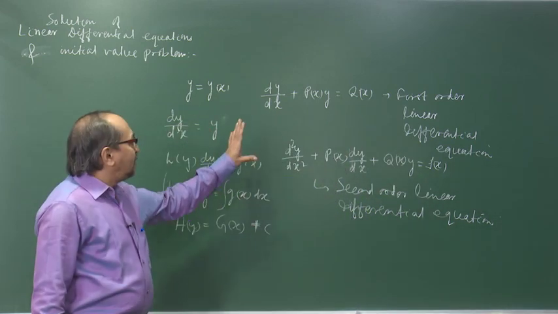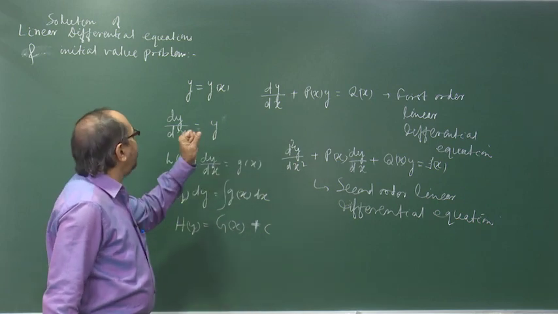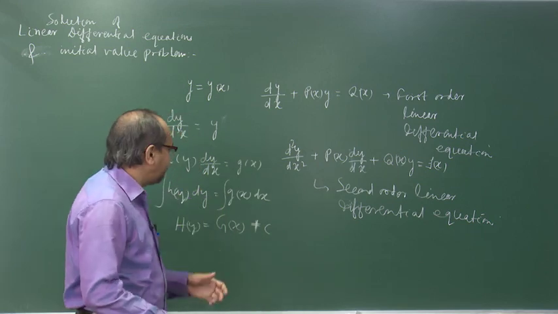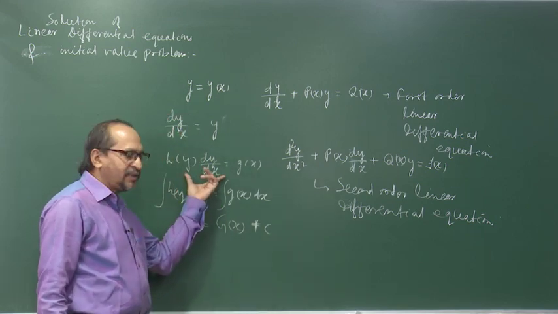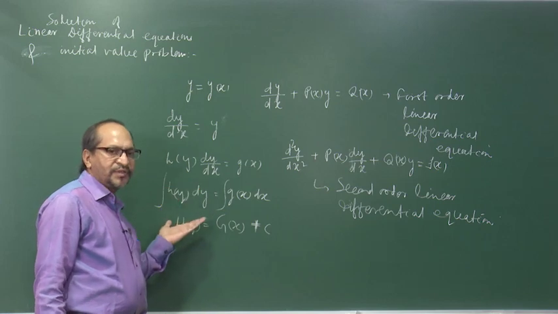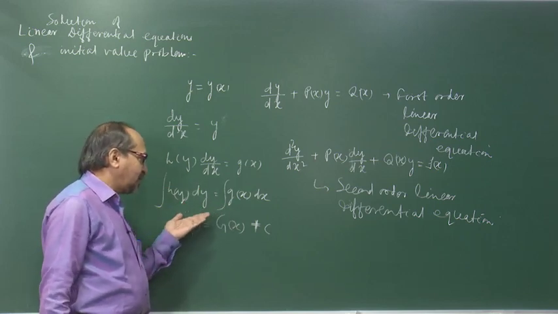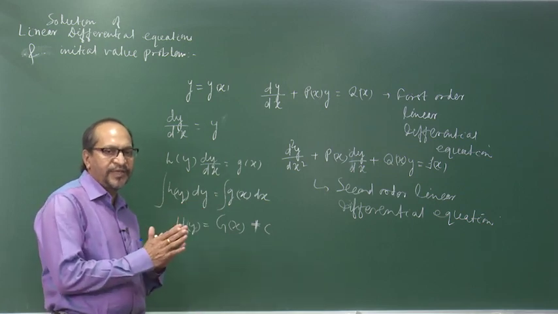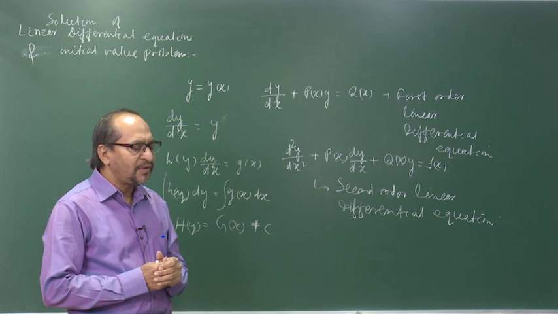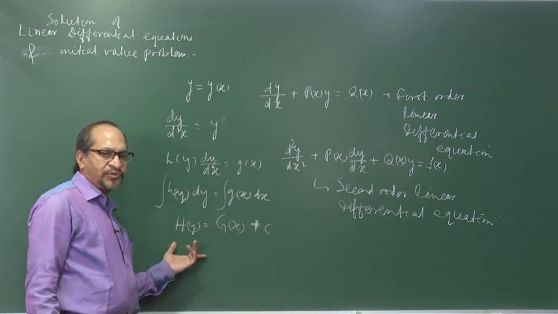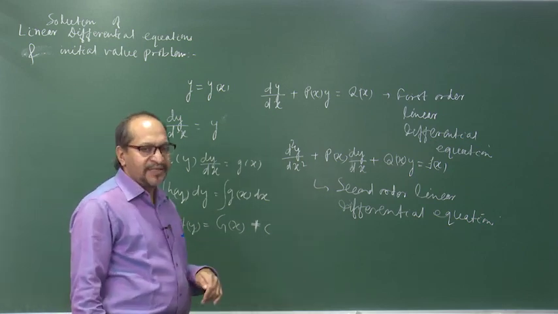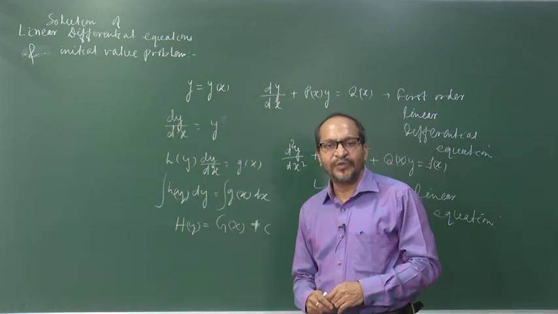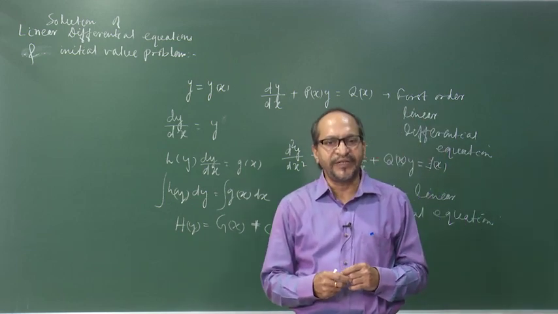So, now we have discussed what linear differential equations are, and coming back to the solution of a differential equation, the simplest form of linear differential equation can always be arranged in terms of separation of variables. If we can separate the y variable and x variable, then it is very easy to find the solution. But in the last class I discussed that when it is not in this form, we take the help of an integrating factor.